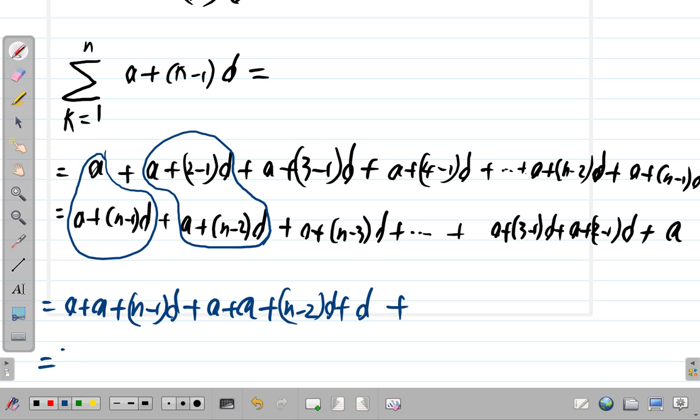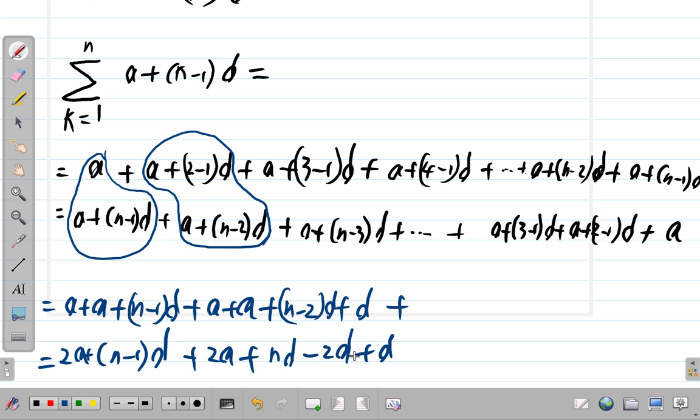This A plus A would be 2A plus n minus 1D, good, plus. This would be 2A plus n minus 2D plus D, which would be, in this case, multiply D by n, and D minus 2D plus D. But negative 2D plus D would be what?